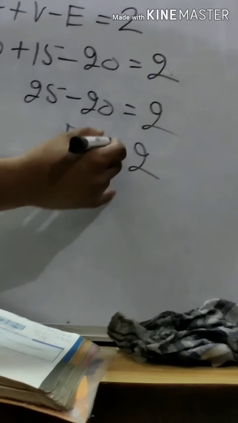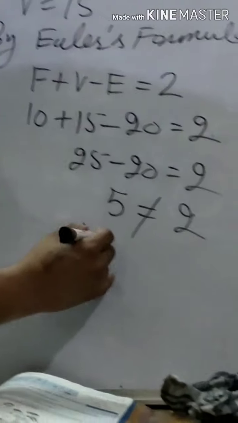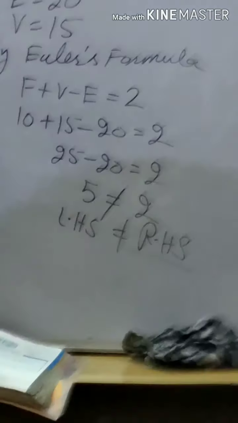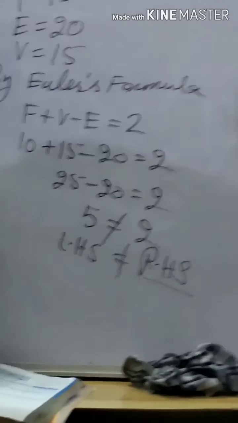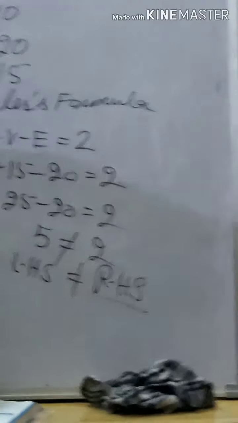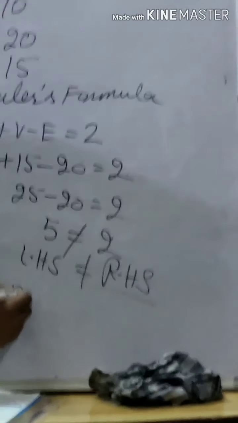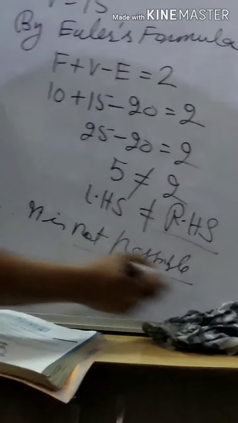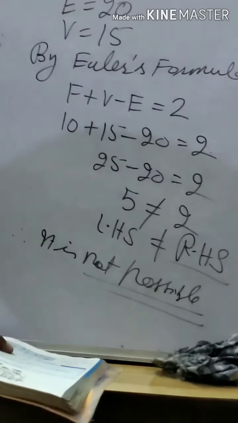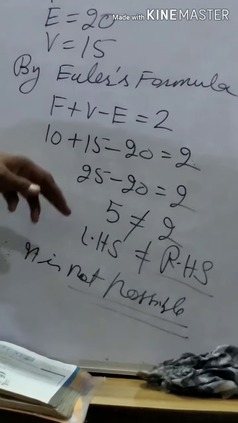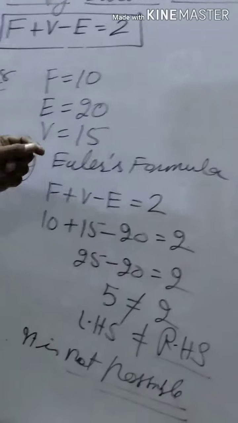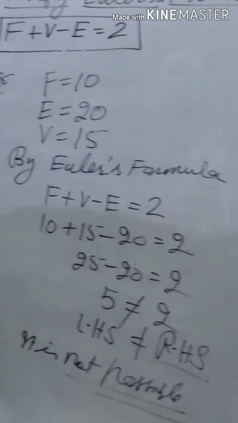Now you see this 5 is not equal to 2. It means LHS is not equal to RHS. So what do you say? It is not possible. Clear? Because a polyhedron is not possible with 10 faces, 20 edges and 15 vertices.